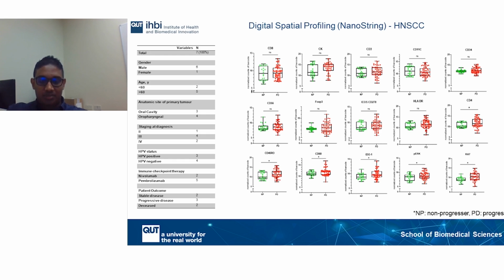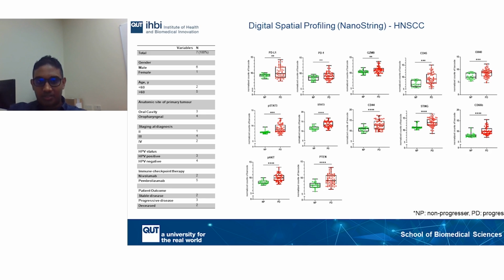And what was really interesting from this initial pilot data set was that CD8 cells weren't predictive of outcome. And this sort of goes against the current literature, but I think this was interesting because spatially we could assess this. And what's interesting was on this next slide, we could see that there were a number of markers that were predictive of progressive disease.